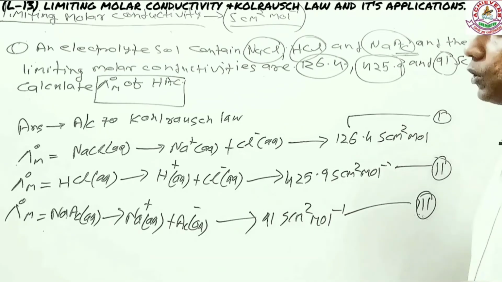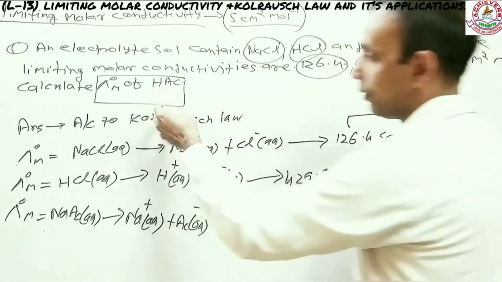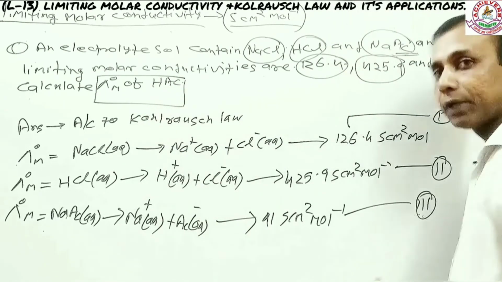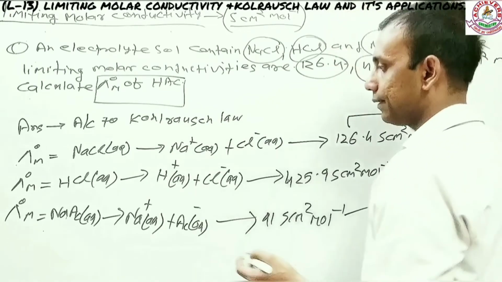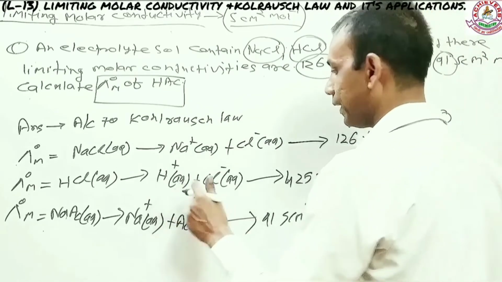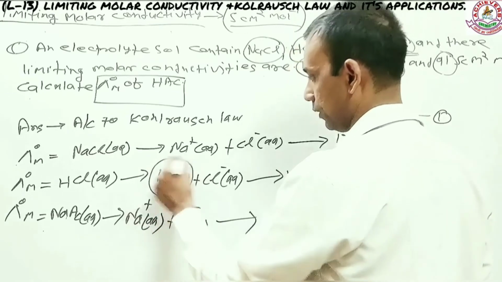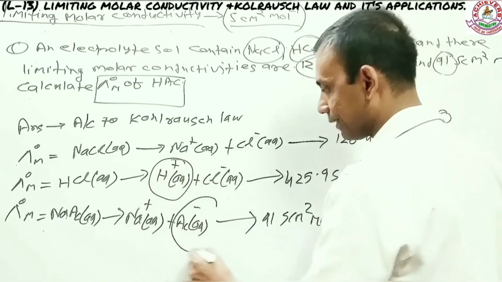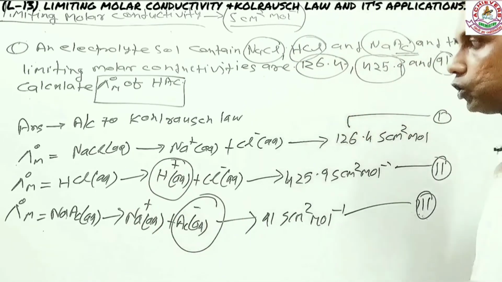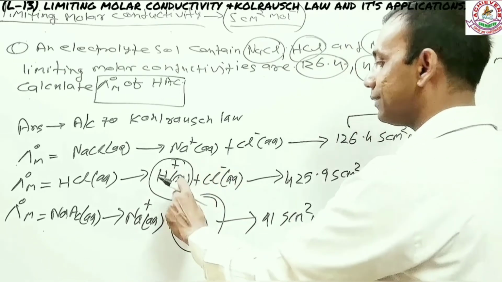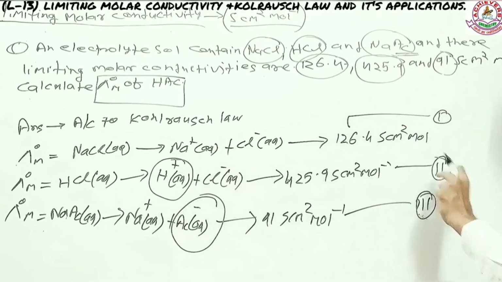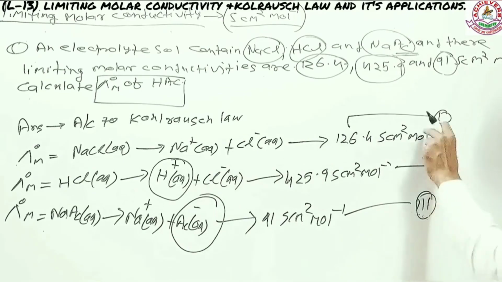So in order to find the hydrogen acetate limiting molar conductivity, I'm giving a simple trick here. If you can see, the second equation has the hydrogen ion and the third one has the acetate ion. So what you need to do is add the second and third and subtract the first one.